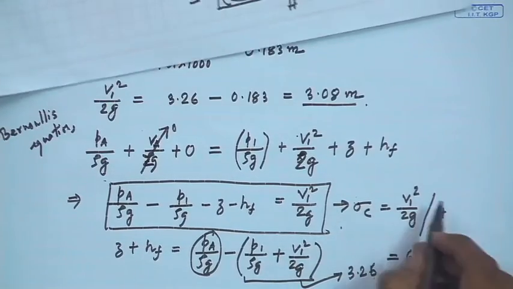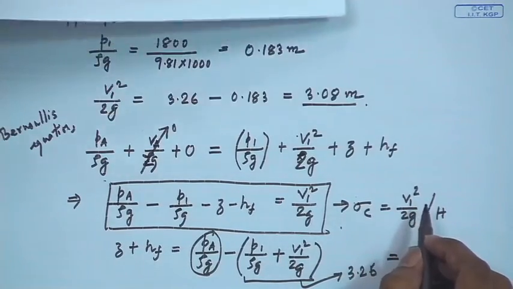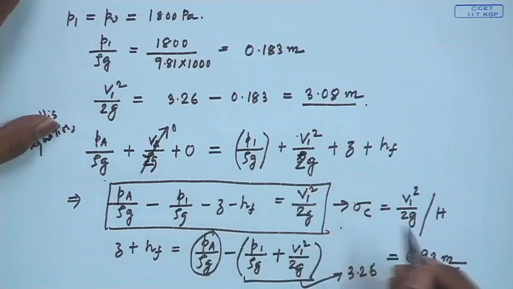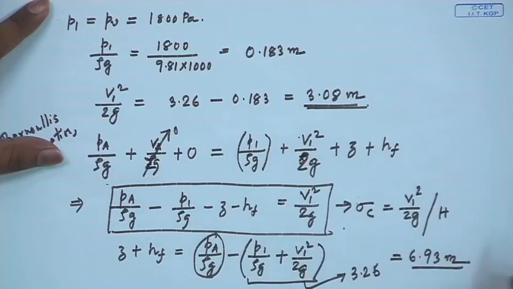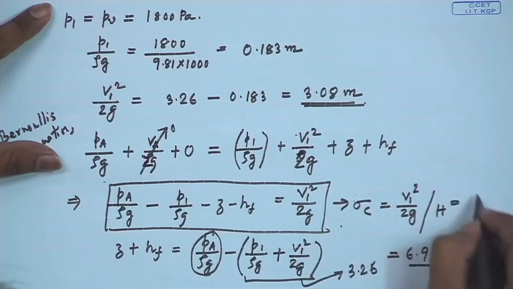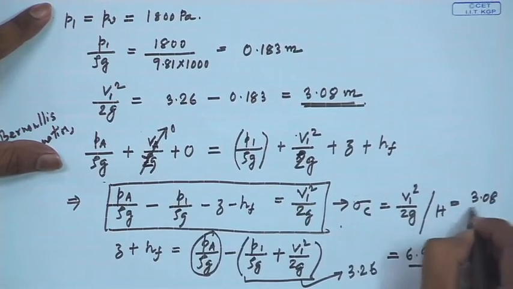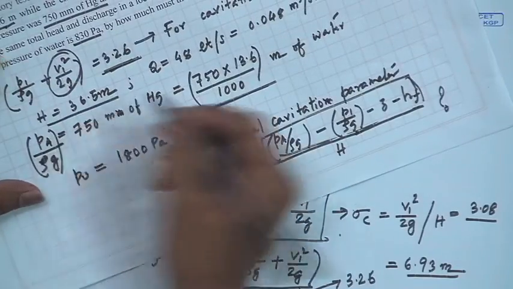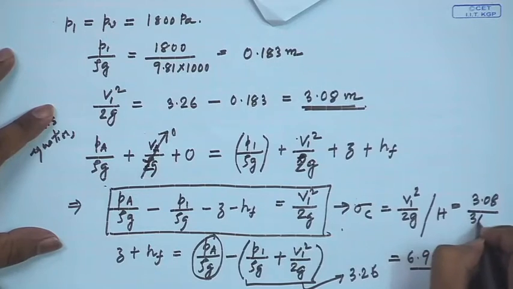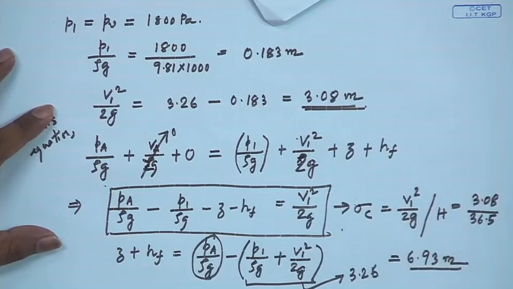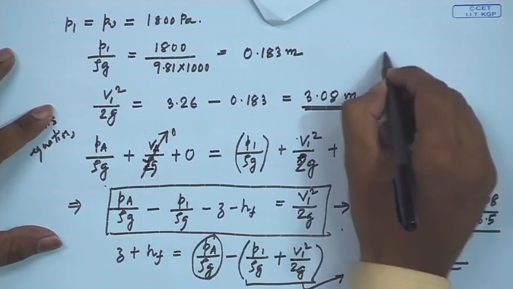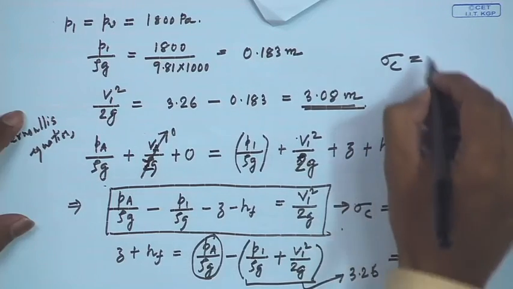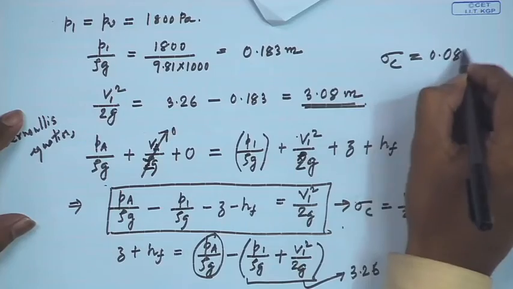We know the value of h, and V1 square by 2g, the velocity head at the inlet to the impeller, we have already found as 3.08 meters. Substituting the values, the head was given as 36.5 meters. So, sigma c comes out to be 0.084.